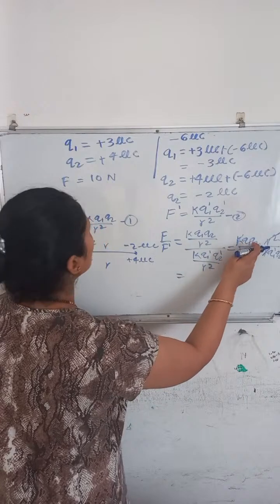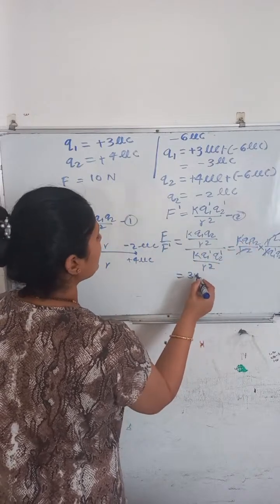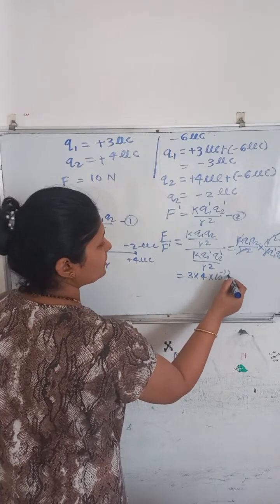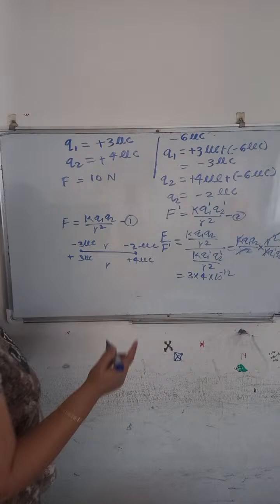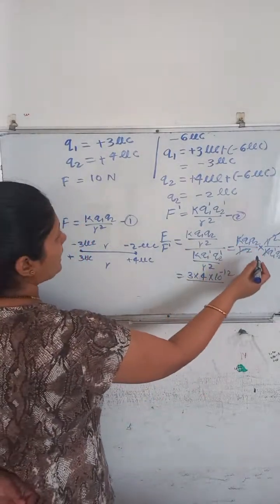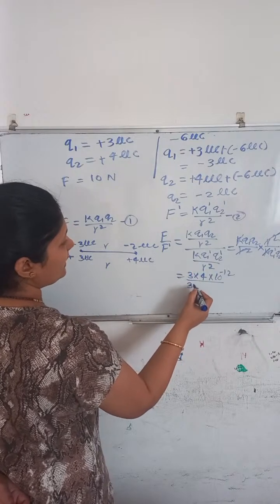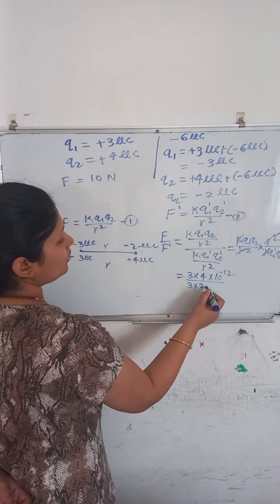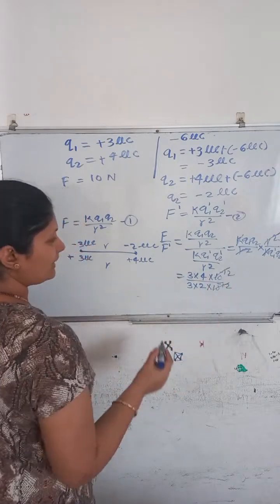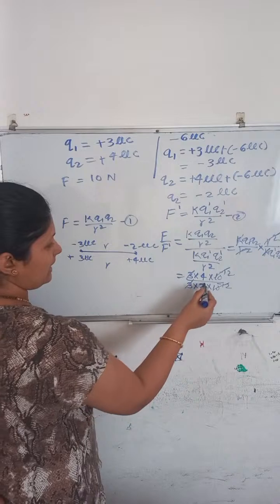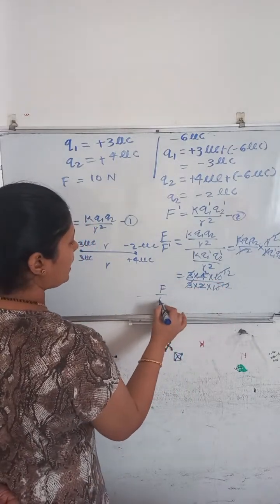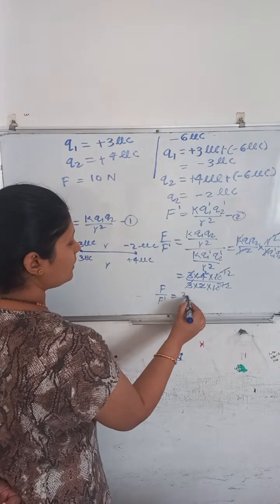Now Q1 Q2 is 3 into 4 into 10 raised to minus 12, because microcoulomb. Q1 dash and Q2 dash, taking magnitudes, is 3 into 2 into 10 raised to minus 12. Minus 12 gets cancelled, 3 and 3 get cancelled, and this is 2. So F upon F dash is equal to 2.